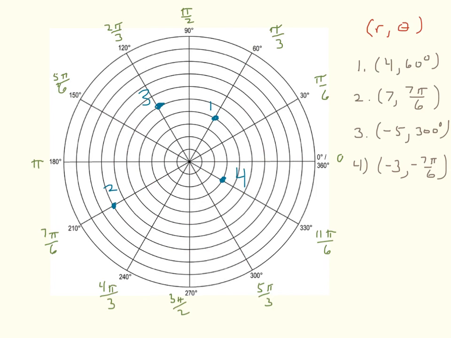It could also be +3, 23 pi over 6, going around multiple times. Same thing with the negative. It could be -3, +5 pi over 6. So there are multiple representations for each one of these points.